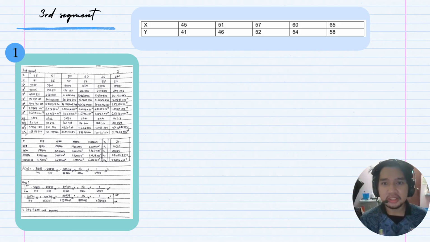This is the discrete least square result, in which the step is to sum up x, y, x square, x cube, x to the power of 4, x to the power of 5, x to the power of 6, x to the power of 7, and x to the power of 8.